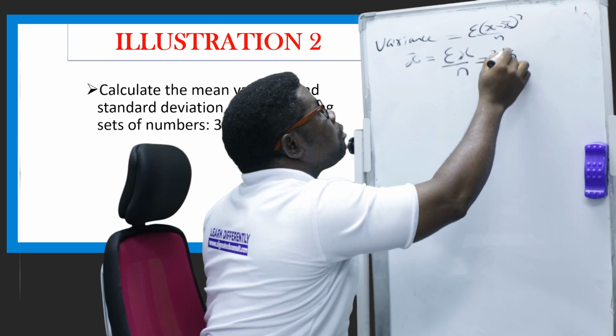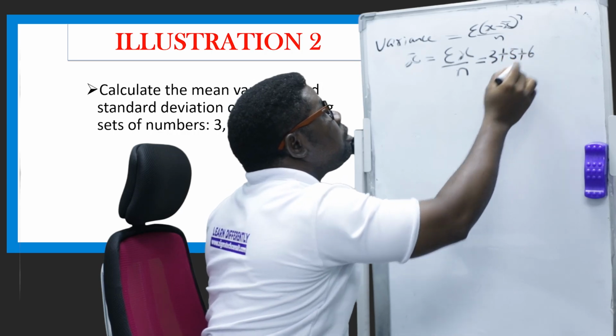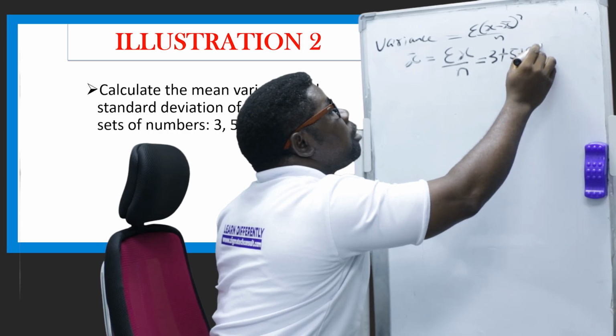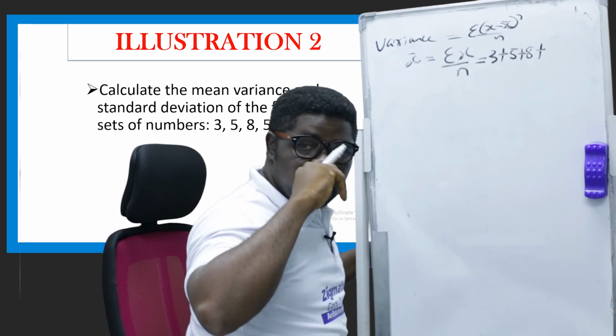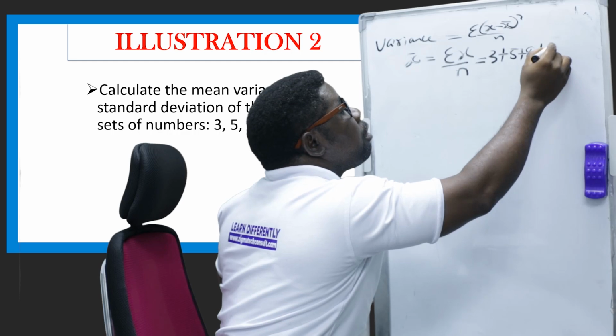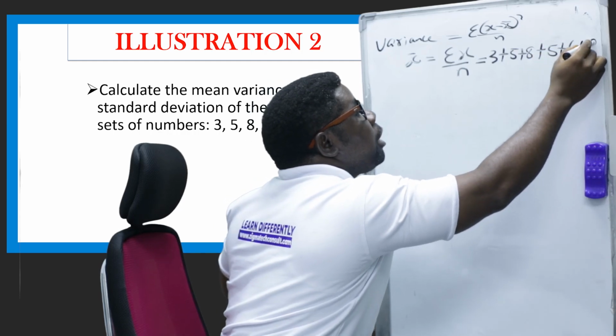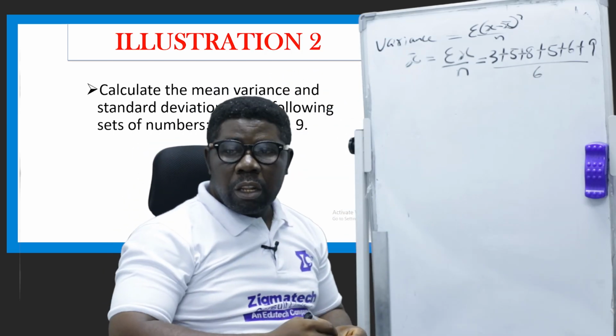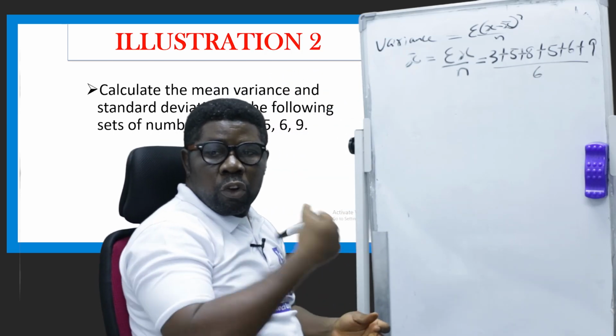So it's equal to 3 plus 5 plus 8 plus 5 plus 6 plus 9, all over 6. This will give us our mean for the ungrouped data.